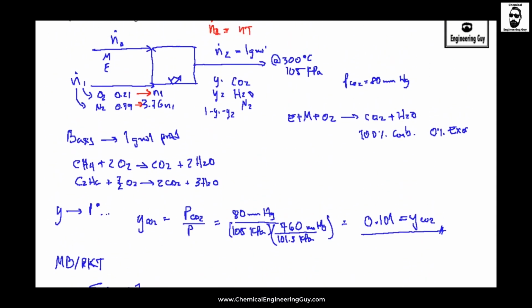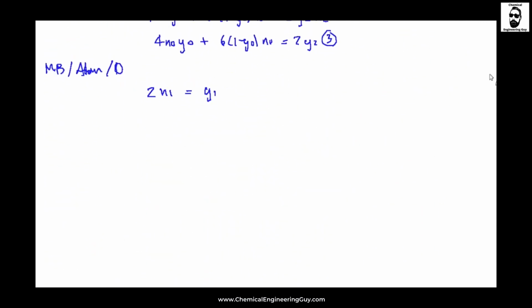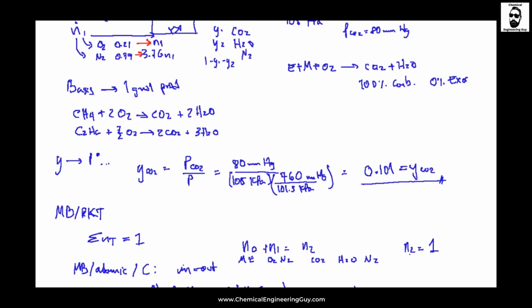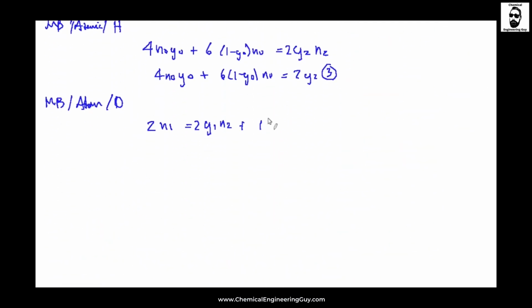N2 we have CO2, so let's account for 2 of CO2, Y1 times N2, plus 1 oxygen in water times Y2 times N2. So solving this, N1 equals 2 Y1 plus Y2.